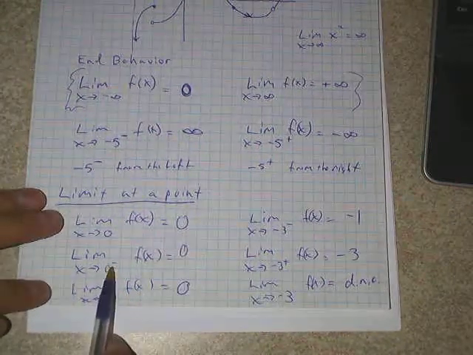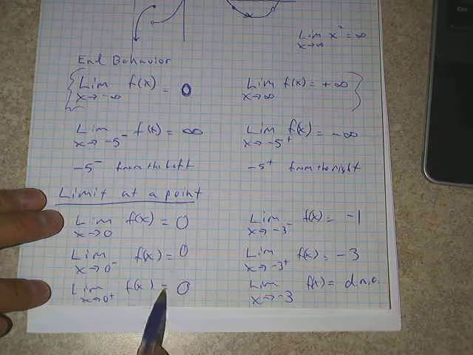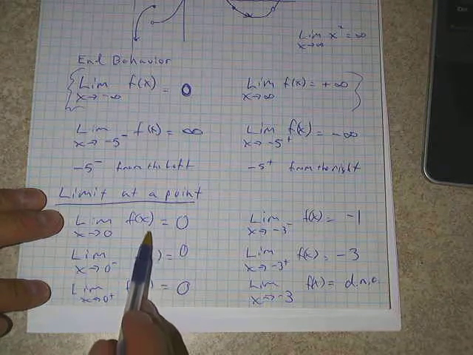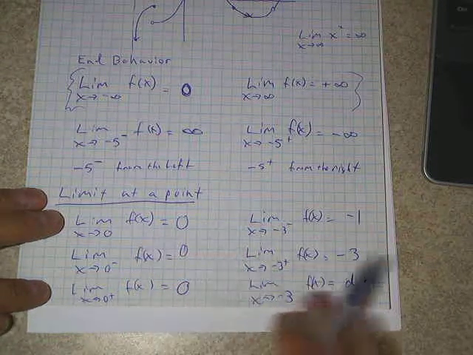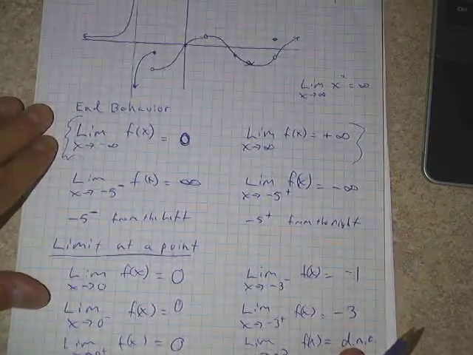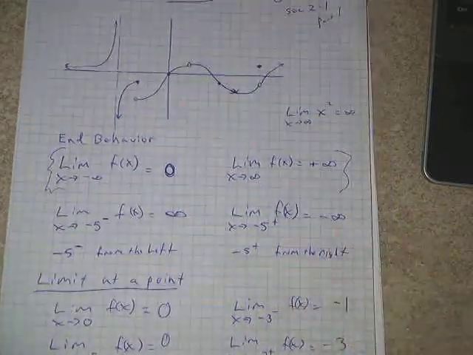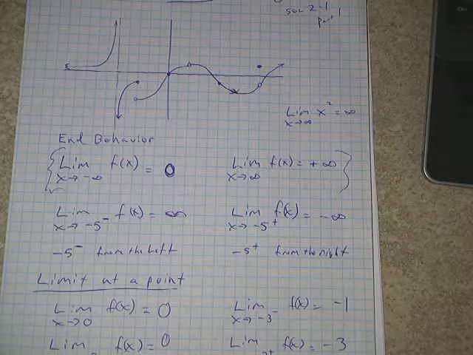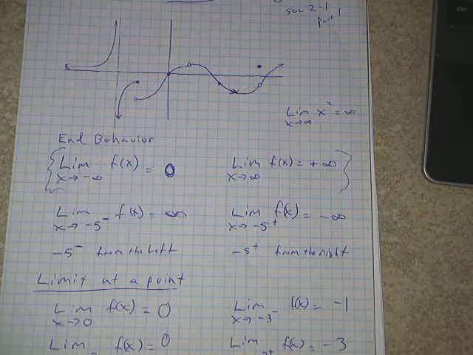Looking back at our 0 point, you'll notice that the left-hand limit and the right-hand limit, as we discussed earlier, were both 0. If they are equal to each other, then what is the limit at that point? It's that same number. So just at quick glance, besides that -3 point, does it look like there's any other points that would have no limit, or have the limit not exist?